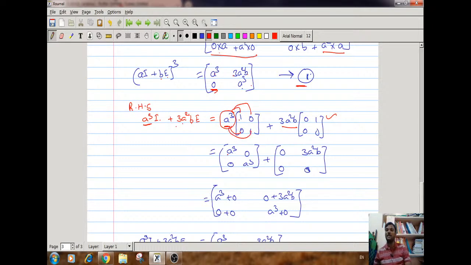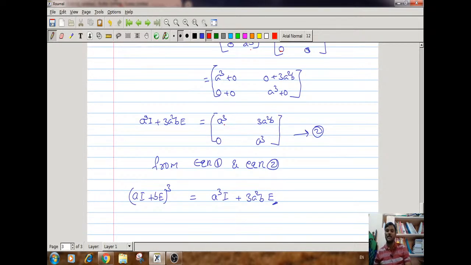You will get the first matrix as [A³ 0; 0 A³], and this matrix you can write as [0 3A²B; 0 0], because 1 is there. Adding them, you will get [A³ 3A²B; 0 A³]. This you can suppose as the second equation.